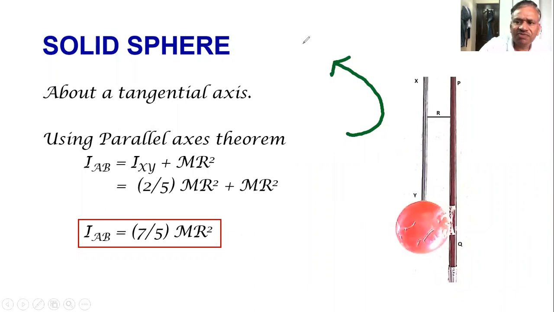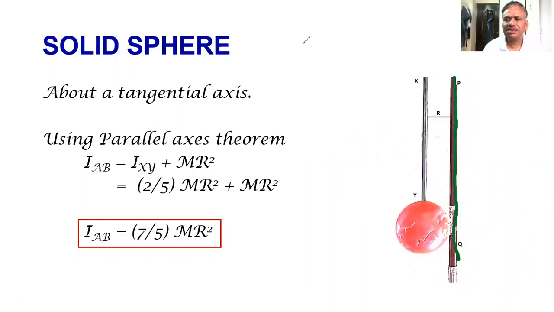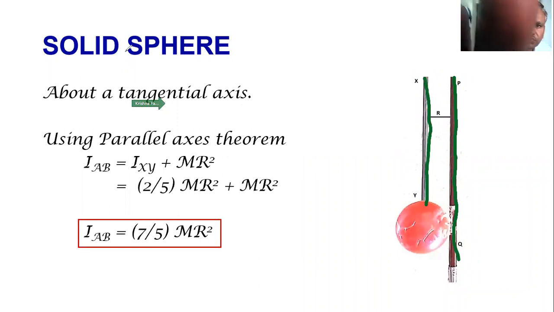Now I am interested in finding about this axis. This axis is a tangent, a tangential axis. And now which formula do I have to use here? This axis and XY are parallel now, so I'm using the parallel axis theorem.